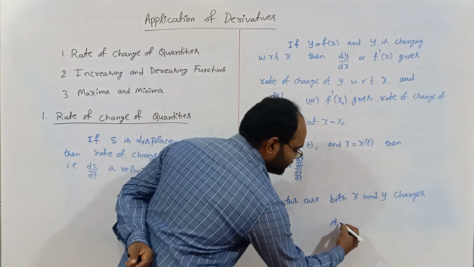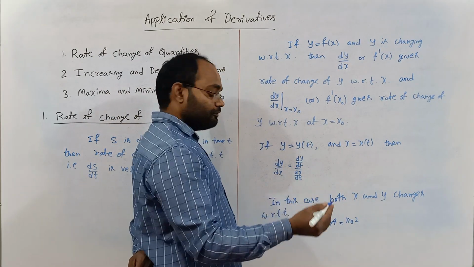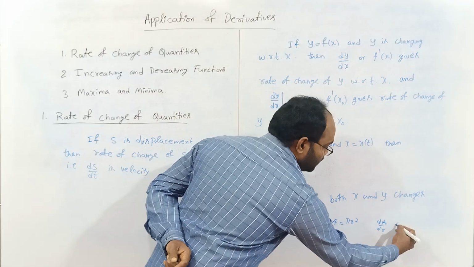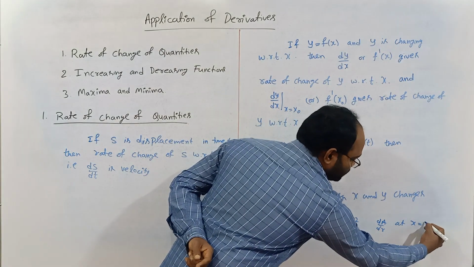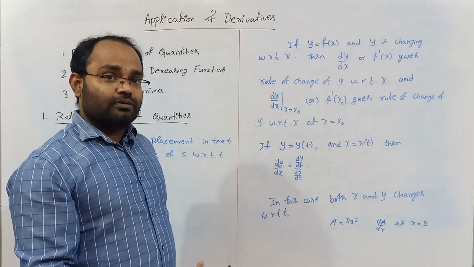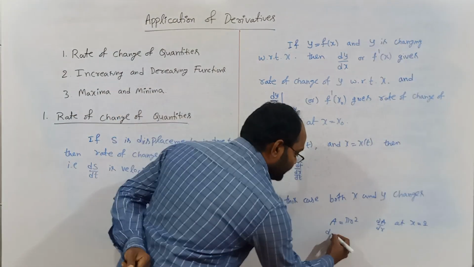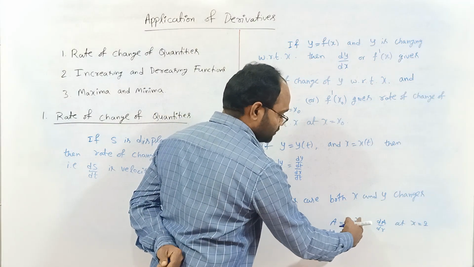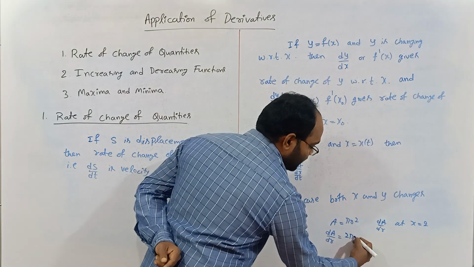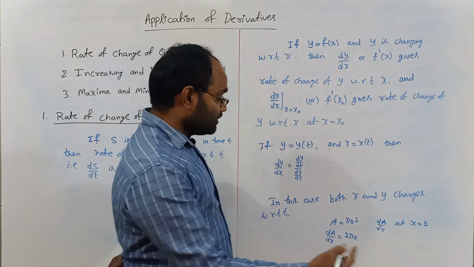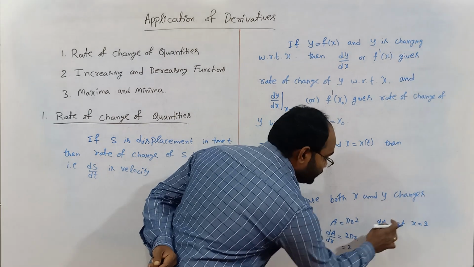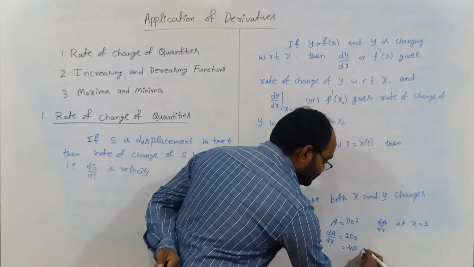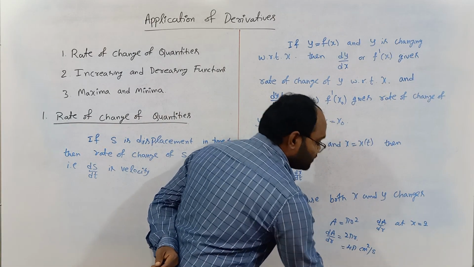Area is given, A is equal to pi r square. Then if you want to find rate of change of area dA by dr at r equal to 2, suppose they gave that. For example, what do we do then? Differentiate dA by dr with respect to r. What comes? Pi constant, r square gives 2r. So 2 pi r. If we substitute, 2 into 2, 4 pi. But what unit do we write? Changing area, that is centimeter square per second.